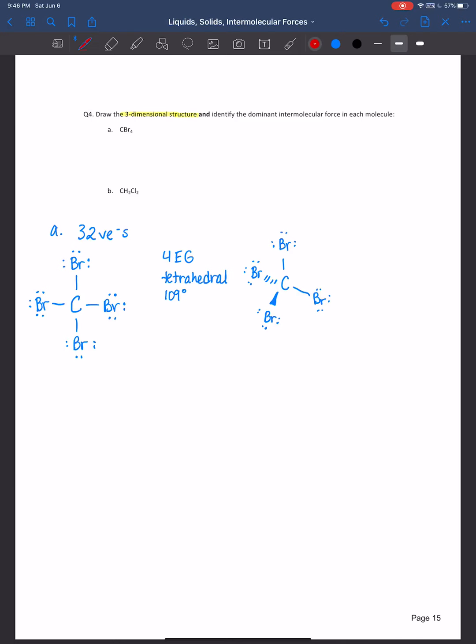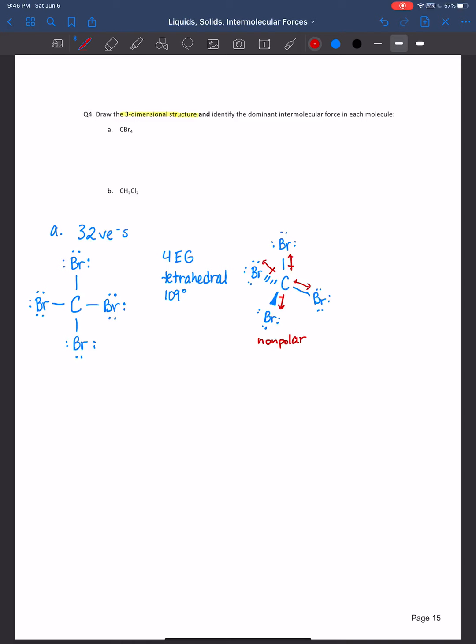Bromine's more electronegative, so you would draw the little dipole arrows pointing towards the bromines. But even though it has polar covalent bonds, is this molecule polar or non-polar overall? Good, it's non-polar. That's because this molecule is symmetrical, and due to the symmetry, the little dipole moments cancel one another out.